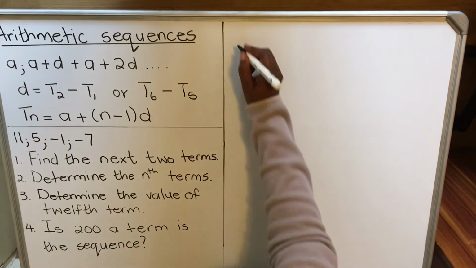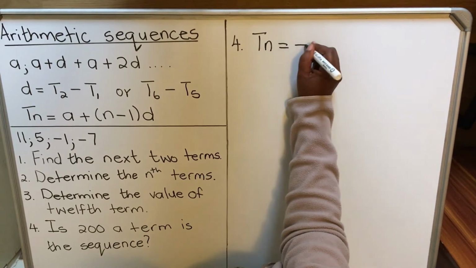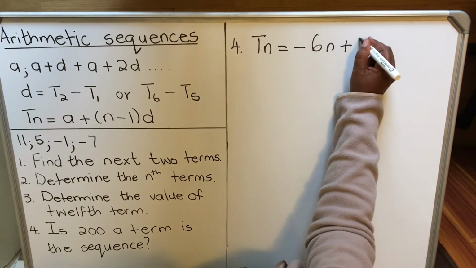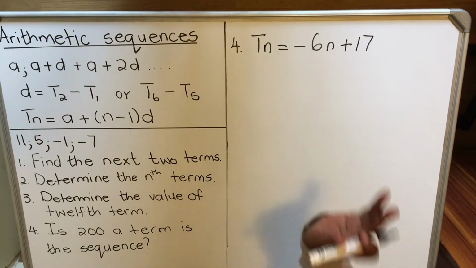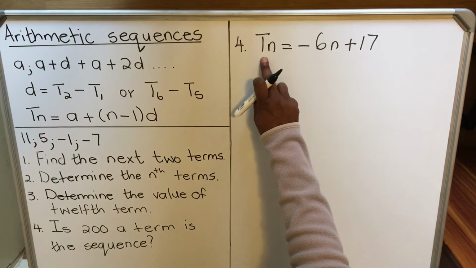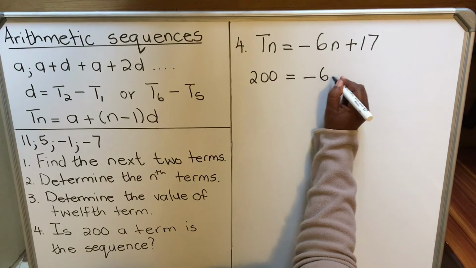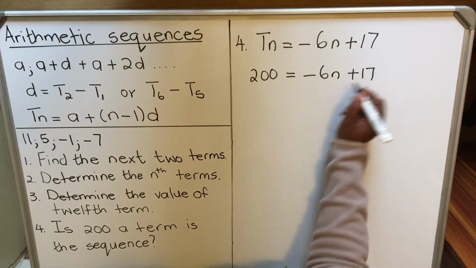Okay, then for 4, you start by writing the formula: Tn is equal to minus 6n plus 17. You don't need to write that if your maths is fine. Then Tn is the value of the term, so 200 is equal to minus 6n plus 17.